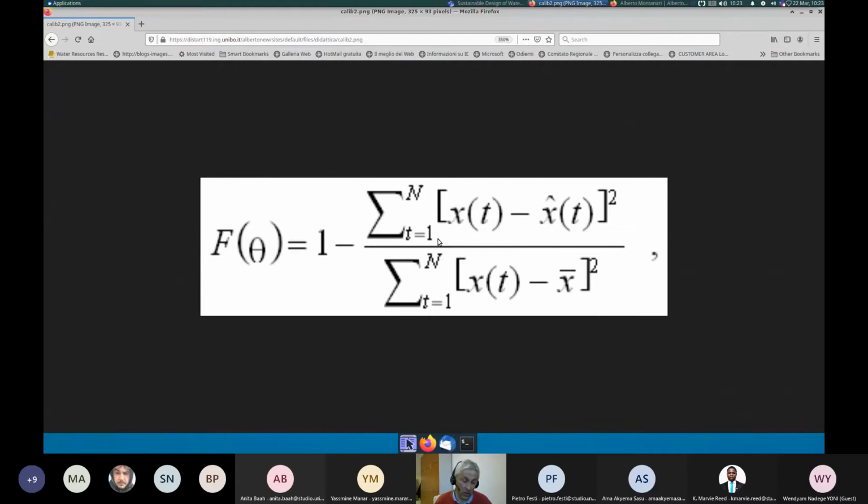If you get an f that is lower than 0, then the model is absolutely to be rejected. If you have an f that is between 0 and 1, the model may be evaluated because it is better than the very naive prediction. So what is the usefulness of this objective function? What is the nice behavior?